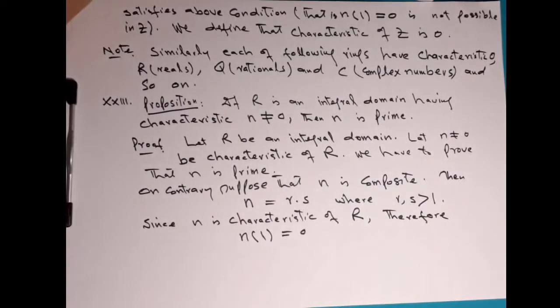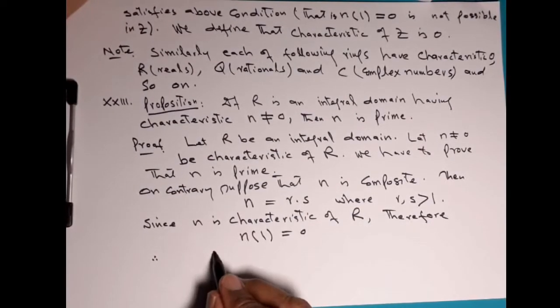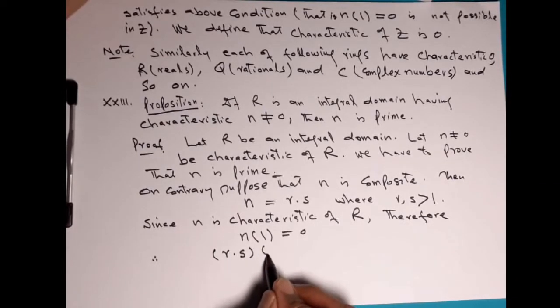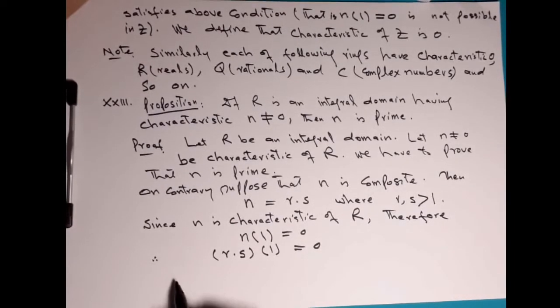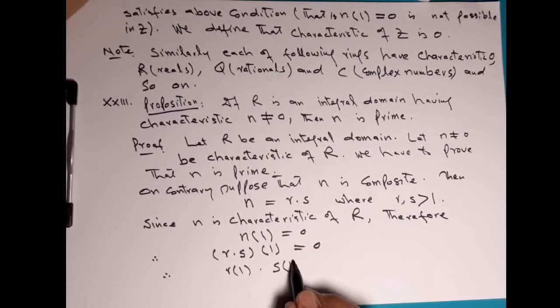This is the definition of characteristic. Now n is equal to R into S. So therefore R multiplied with S multiplied with 1 is equal to 0. And therefore you can write it as R multiplied with 1 into S multiplied with 1 is equal to 0.